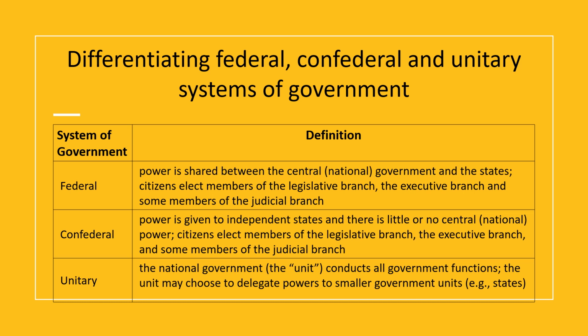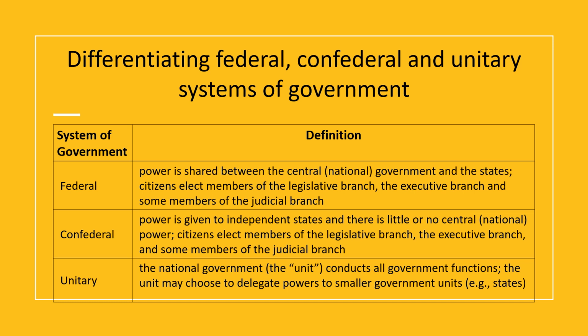And as we can also see, who holds power is very similar between the federal and confederal system, where the people can elect members of the legislative and executive branch, but there are limitations as to who in the judicial branch is elected versus who is appointed.